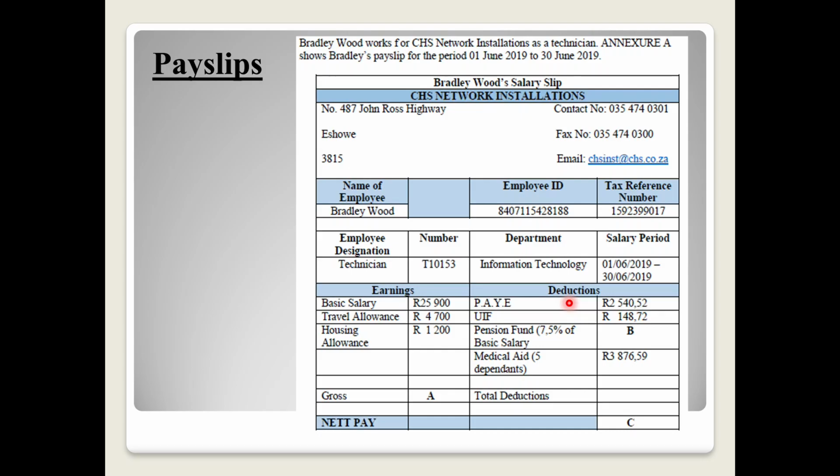You contribute to UIF, then of course there's your pension fund, and the medical aid deduction from the salary slip is the amount that will then be paid to the medical aid that he belongs to. Then there's nothing there under deductions, and then C is net pay.